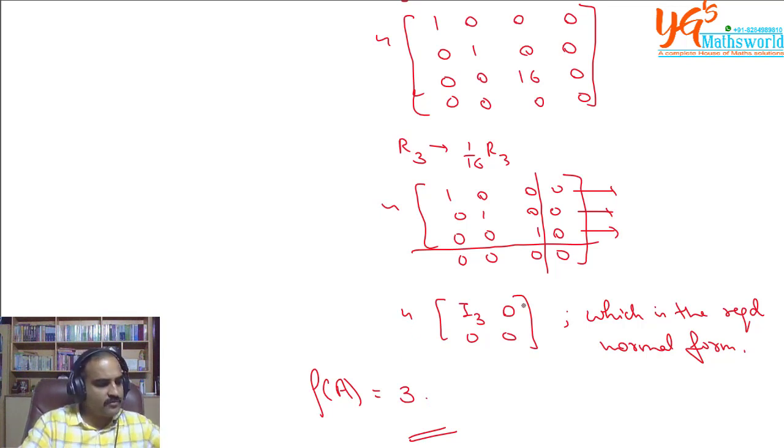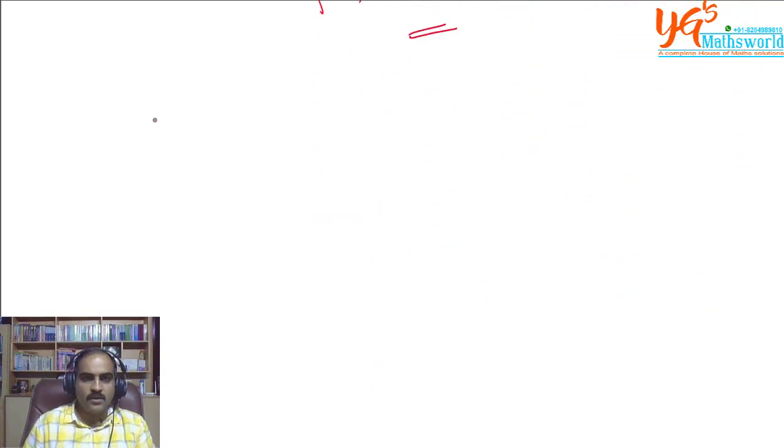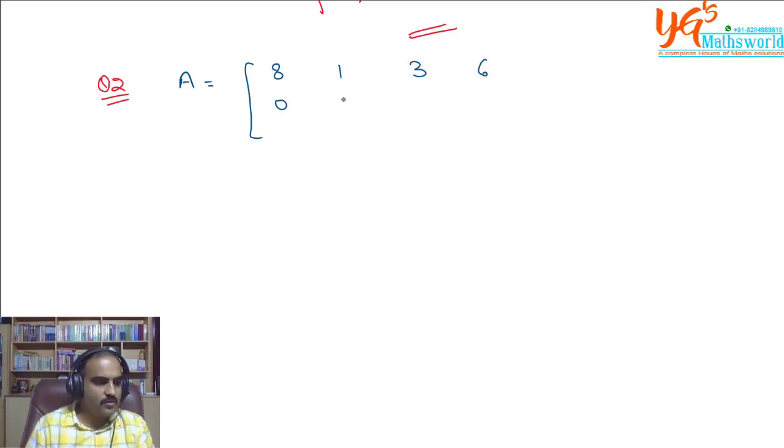We will take one more question from this concept. Now question number 2, that is we have a matrix A equal to 8, 1, 3, 6, it is a rectangular matrix, 0, 3, 2, 2, minus 8, minus 1, minus 3 and 4.